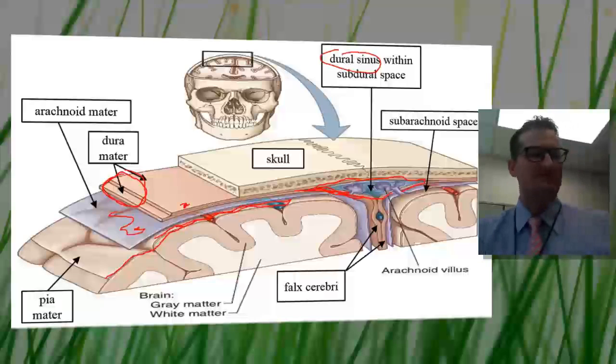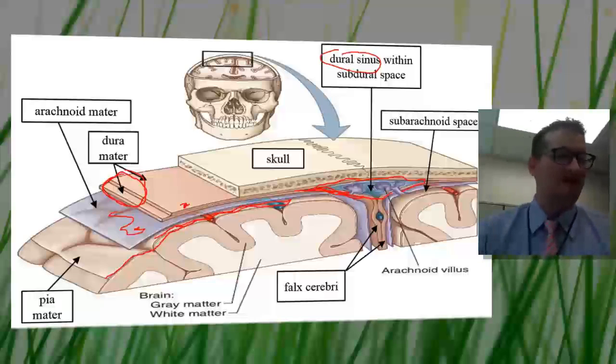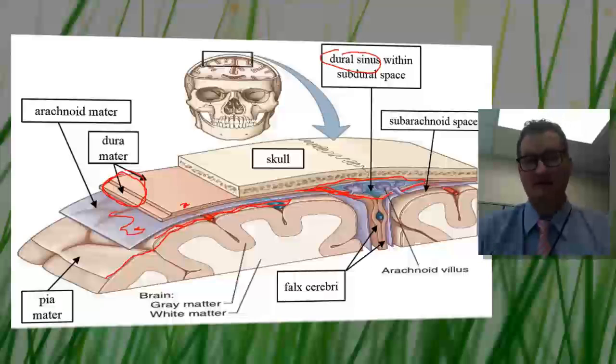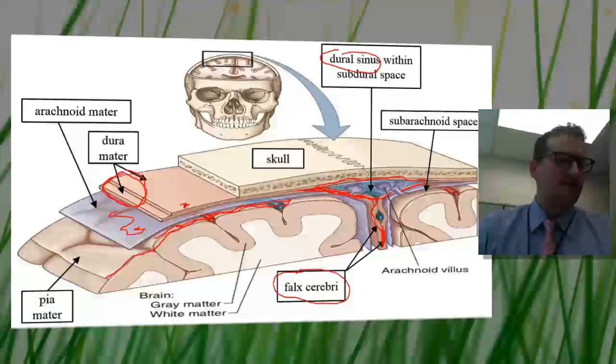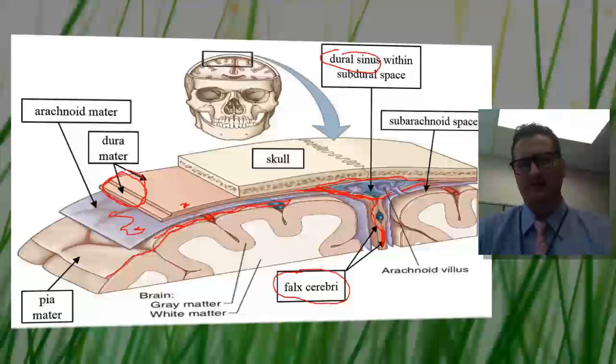In some places, the dura mater extends inward and separates major portions of the brain. An example of that is the falx cerebri here. So you have the meningeal layer of the dura mater that dives in and fuses together to form this thick falx cerebri, which dips into the longitudinal fissure, and it separates the right and left hemispheres of the brain.